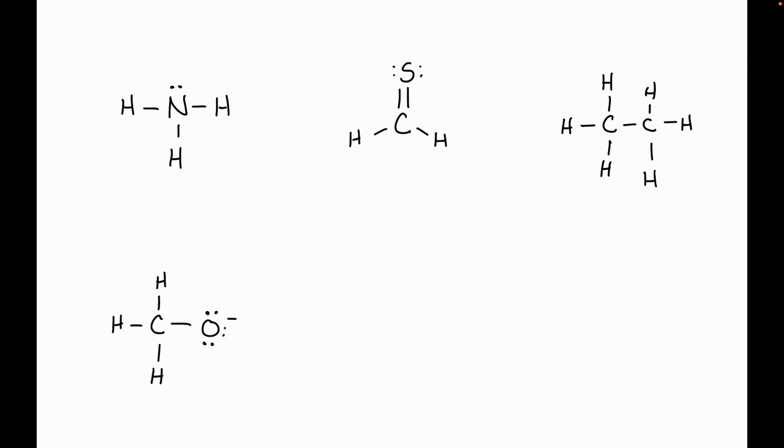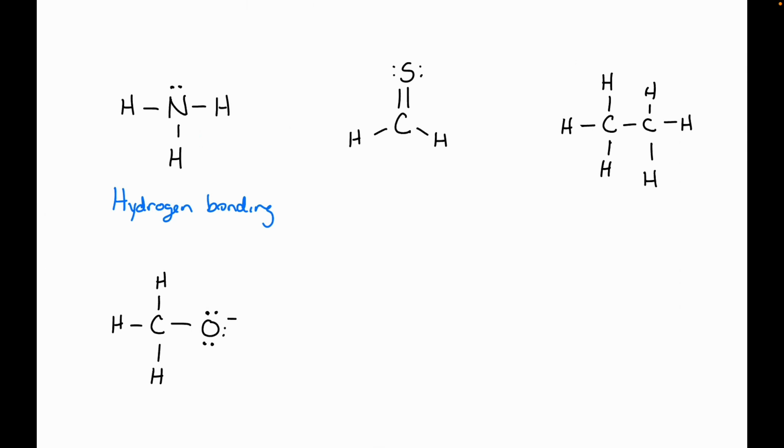All right, so for this first molecule here, this thing's called ammonia. What are the strongest intermolecular interactions that would be present between neighboring ammonia molecules? This one would be hydrogen bonding. How can I spy that?